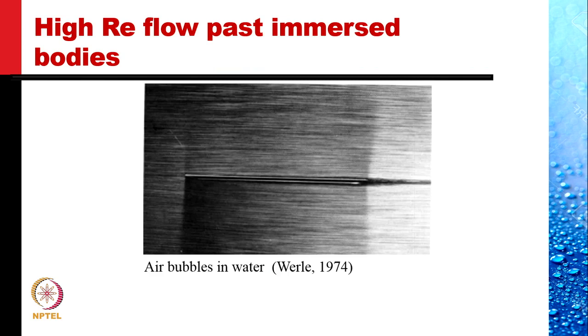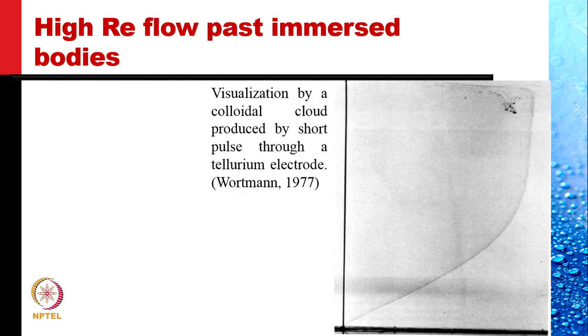This boundary layer has been confirmed visually. In this flow visualization with air bubbles in water about a flat plate, you can see this region where the bubbles are not passing through, showing a boundary layer. In this experiment of 1970, Wortmann introduced a tellurium electrode.